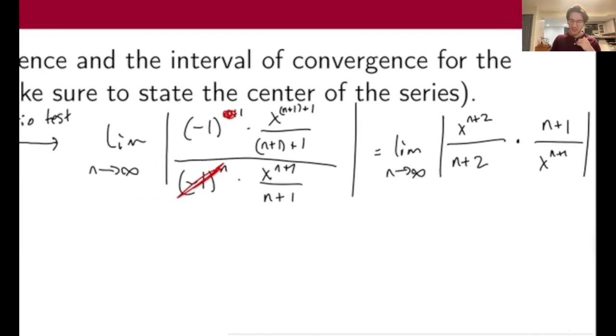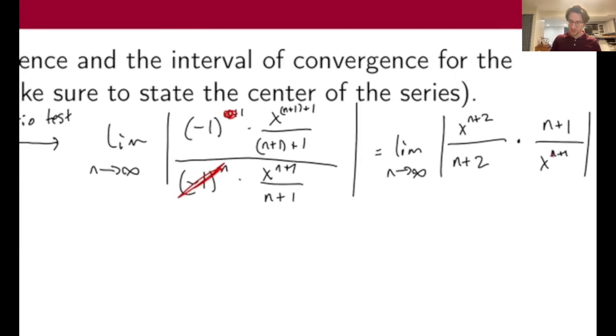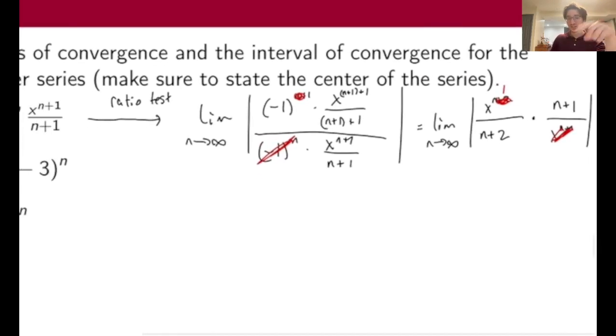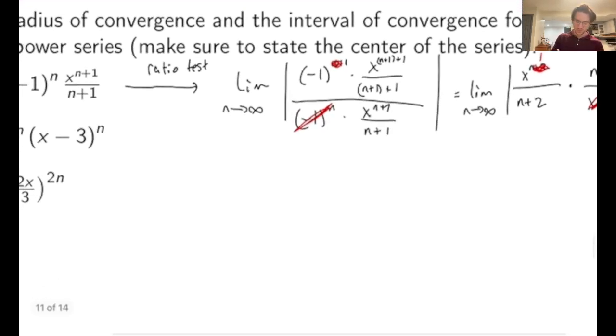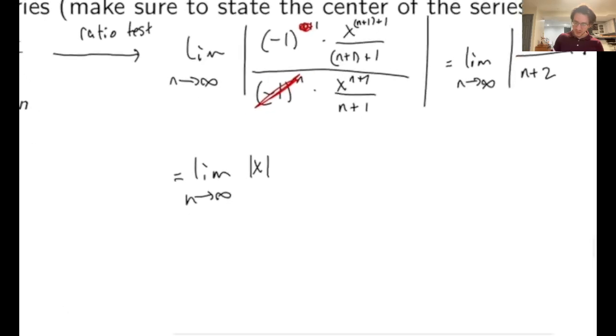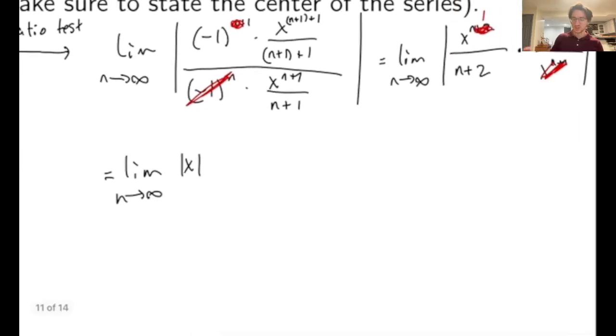Okay. And now I get even more cancellation. This x to the n plus 1 cancels with all but one of these up here. So that is a 1. I don't get any cancellation with the other part. This looks like the limit as n goes to infinity of the absolute value of x times the absolute value of n plus 1 over n plus 2.